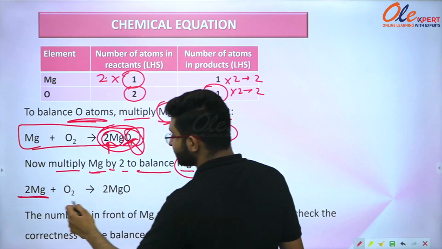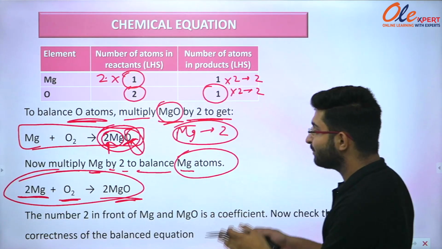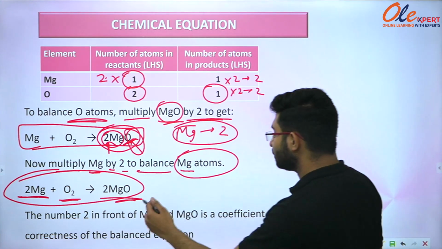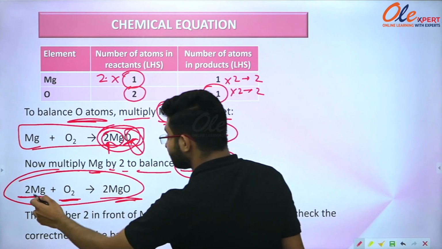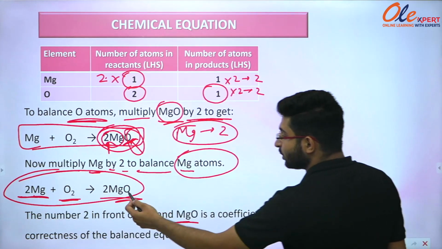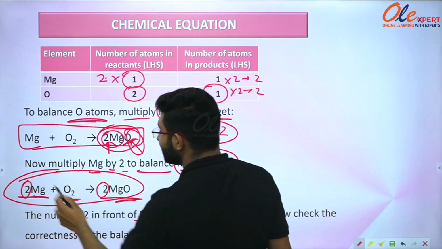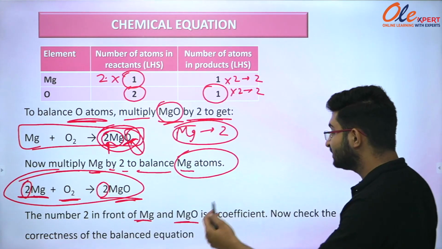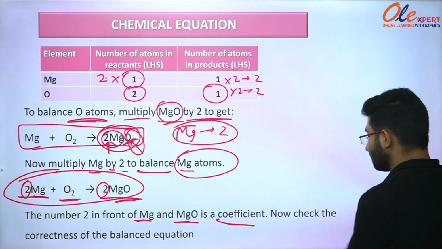That is 2Mg plus O2 gives 2MgO. So this is the complete balanced equation. You can see that 2 is placed in front of Mg and 2 is placed in front of MgO. So this number is the coefficient of Mg and MgO, that is magnesium oxide.